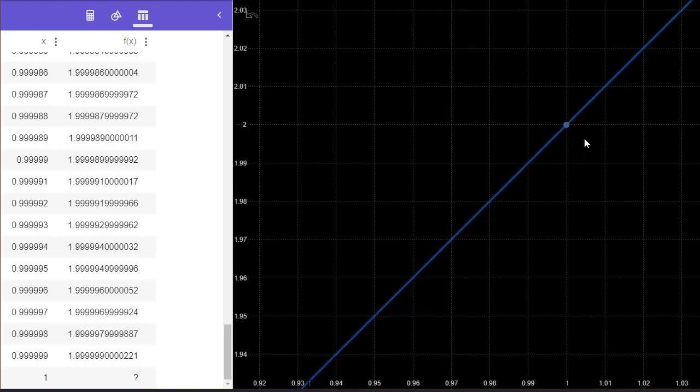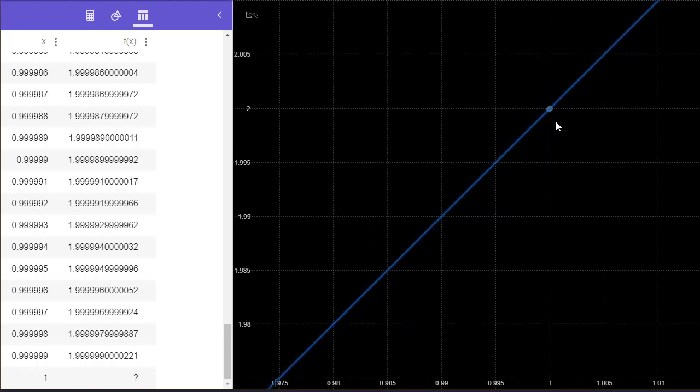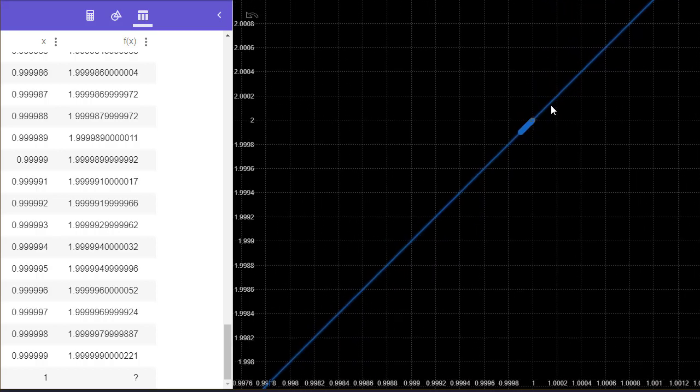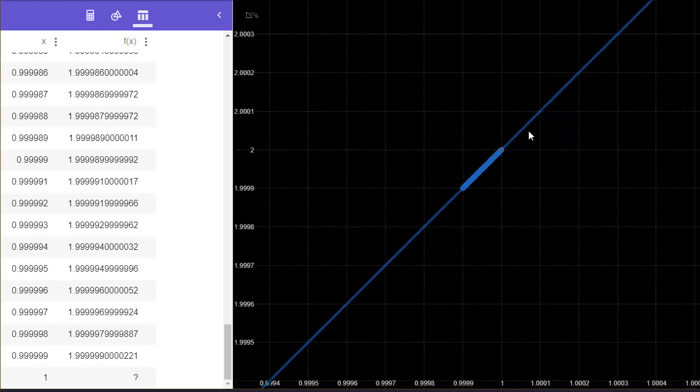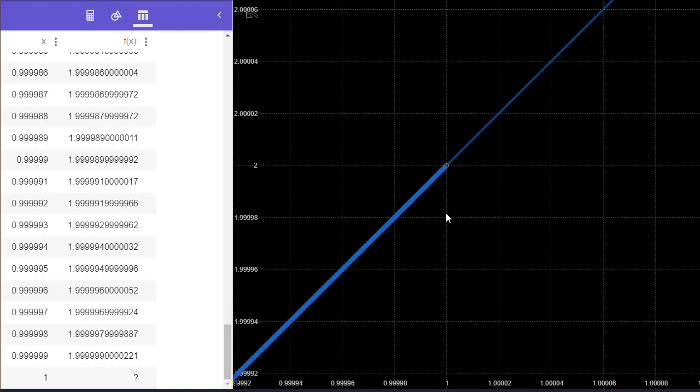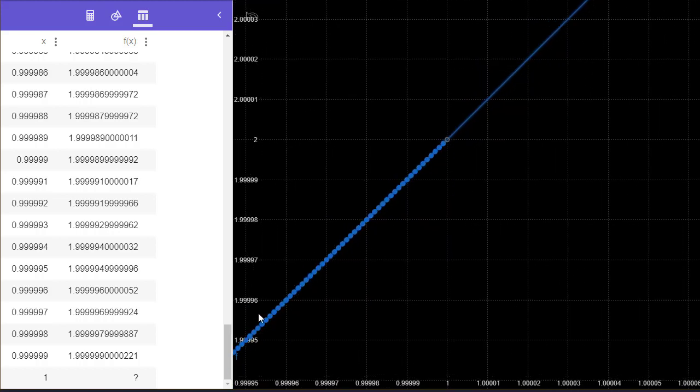In fact, if we zoom in here, it will take a while because we're really close. There we go. Now we can start to see the points.